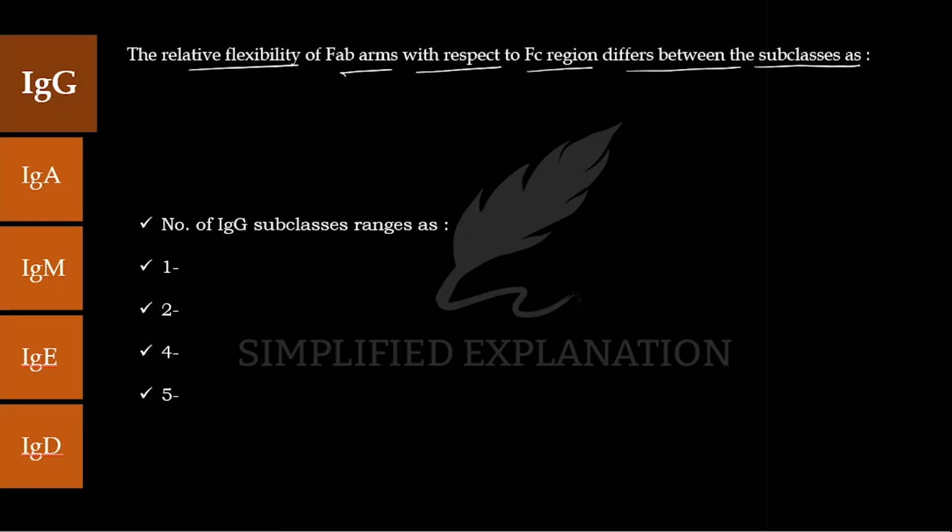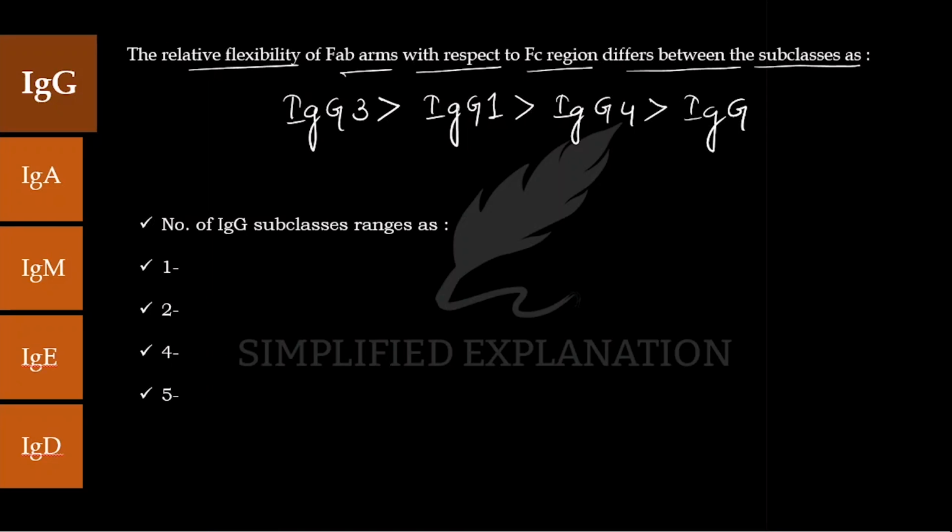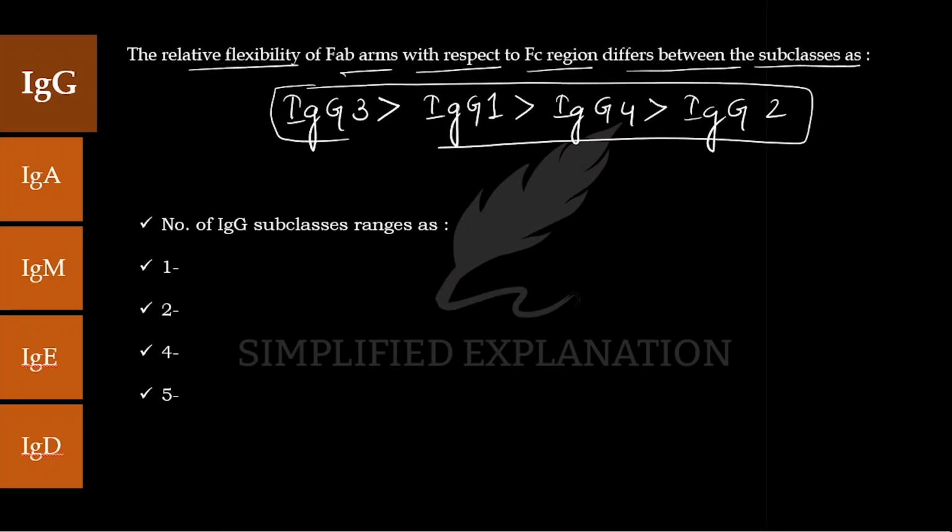We had seen that IgG3 was the most flexible. Then it was IgG1, then IgG4, they were not having that much flexibility, and last, the least flexible was IgG2. So in this order we can arrange the relative flexibility of the Fab arms with respect to Fc regions.